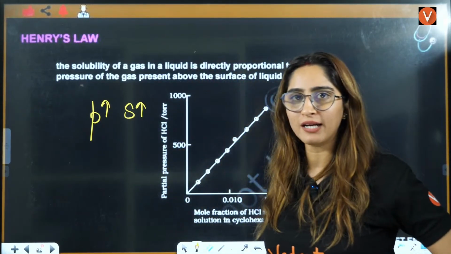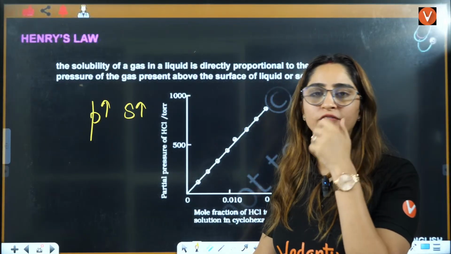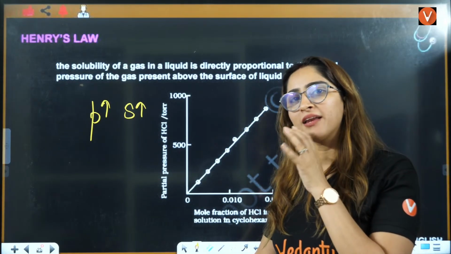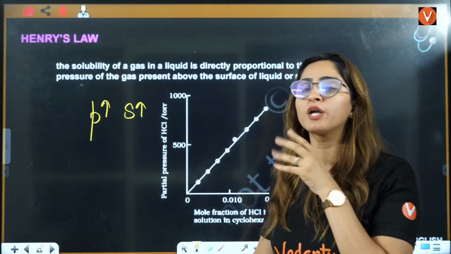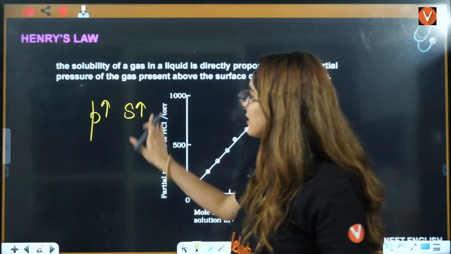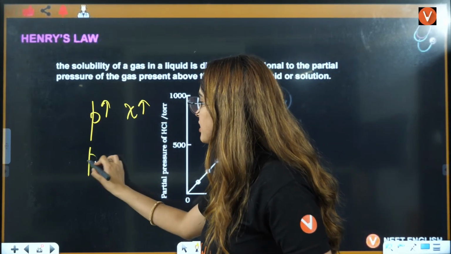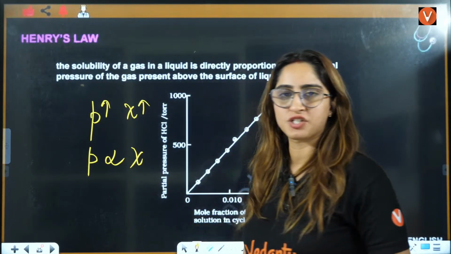Have I told you that? Gases and liquids, as you increase the pressure, solubility will increase, right? Now, Henry said that solubility, you can also calculate this in terms of mole fraction. So, he said that as you increase the pressure, mole fraction will increase. That means pressure is directly proportional to mole fraction, right?